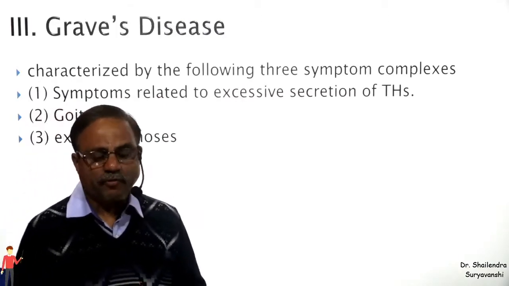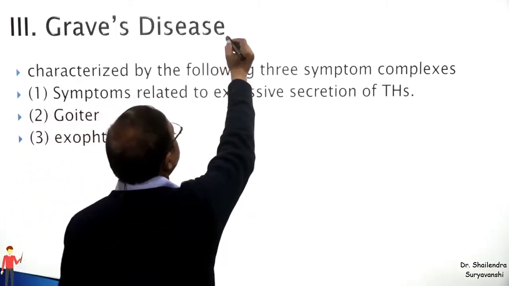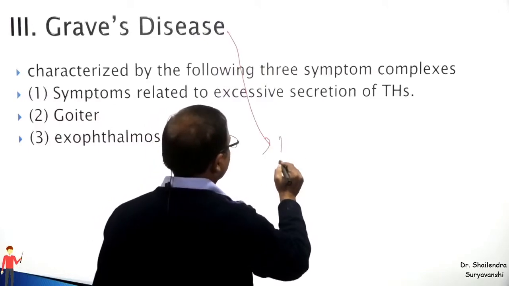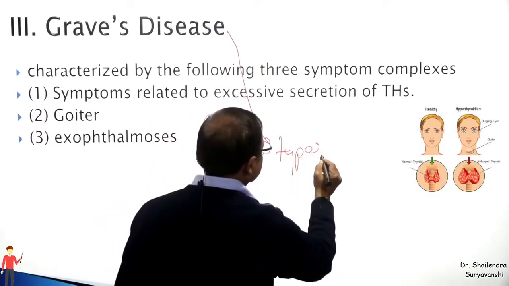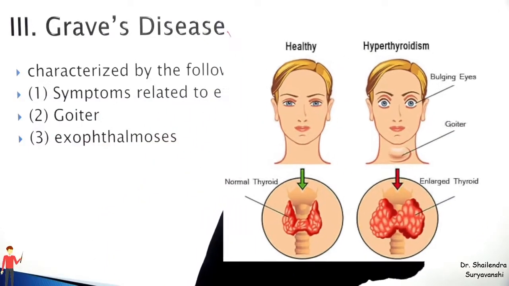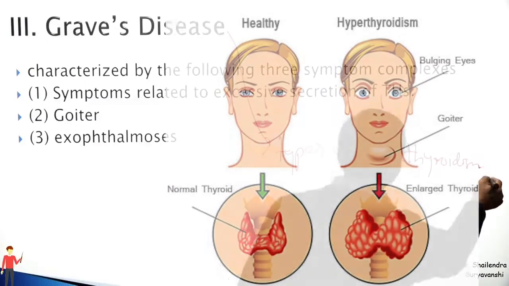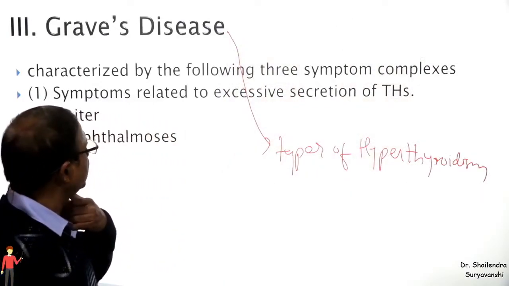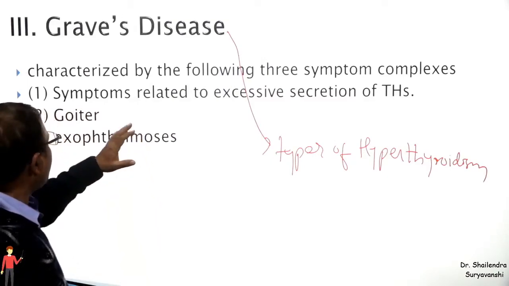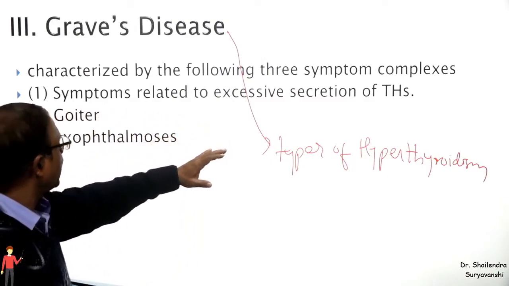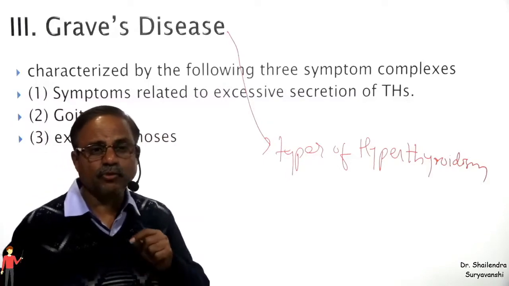This is a type of hyperthyroidism. In this patient, they have all the symptoms of excessive secretion of thyroid hormone, but apart from that they have 2 more symptoms.